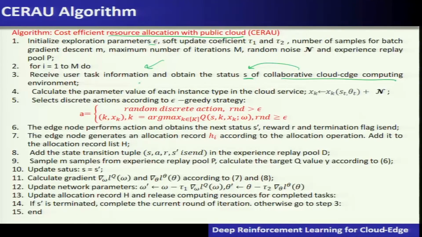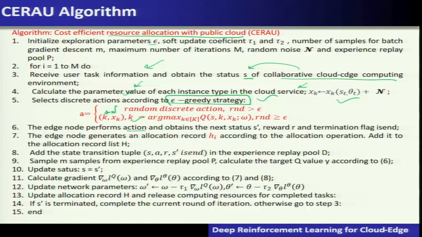Then this algorithm will calculate the parameter value of each instance in the cloud service using the particular equation that we have already explained, and select the discrete action according to the epsilon greedy strategy. This is explained here: the action is parameterized, this is the parameter, and then this is selected using the epsilon greedy strategy.